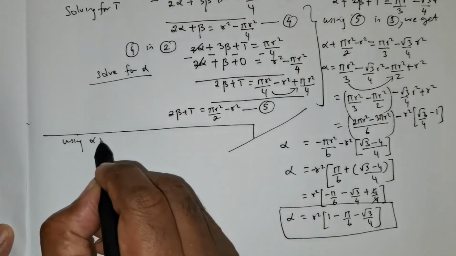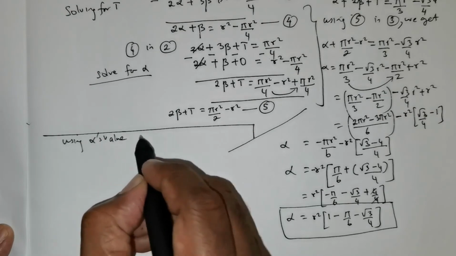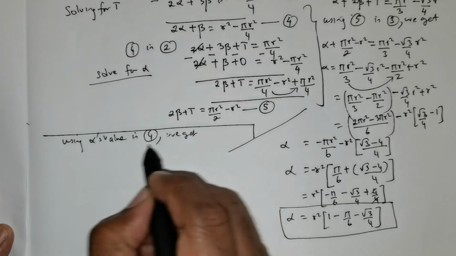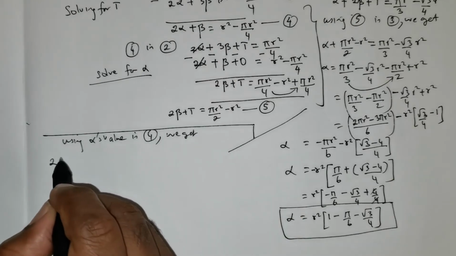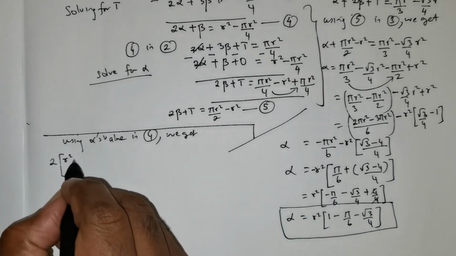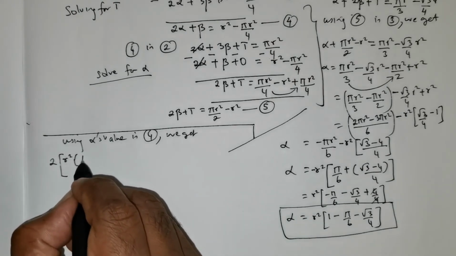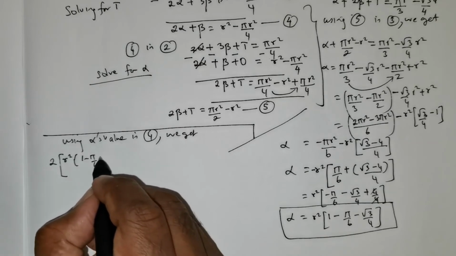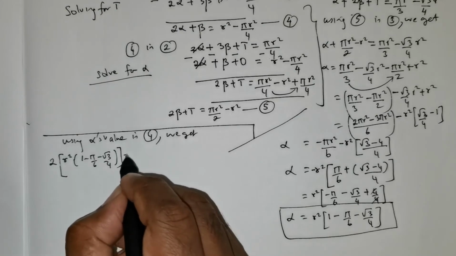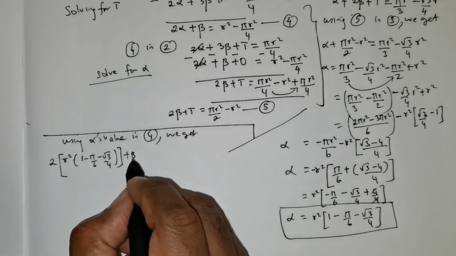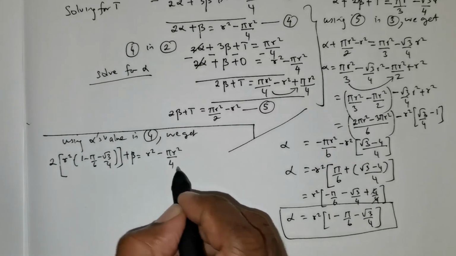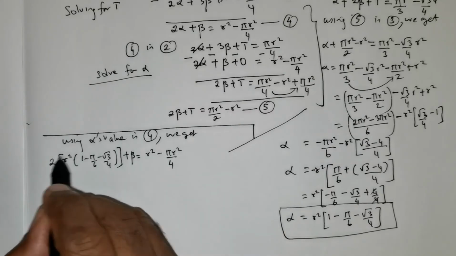Using alpha's value in 4 we get 2 times alpha, where the value of alpha is r squared of 1 minus pi over 6 minus root 3 over 4, plus beta is equal to r squared minus pi r squared divided by 4.